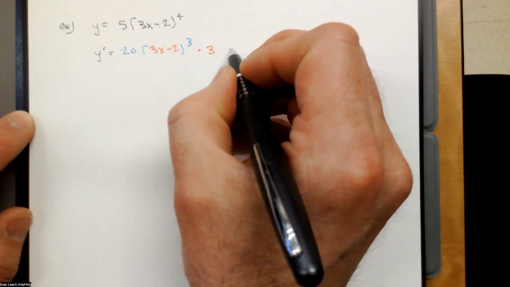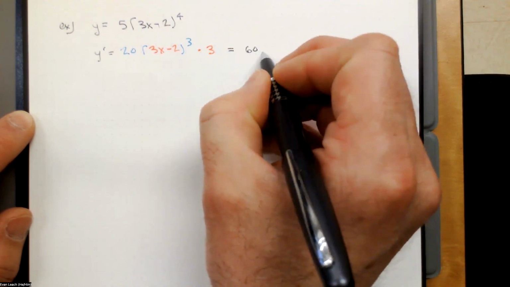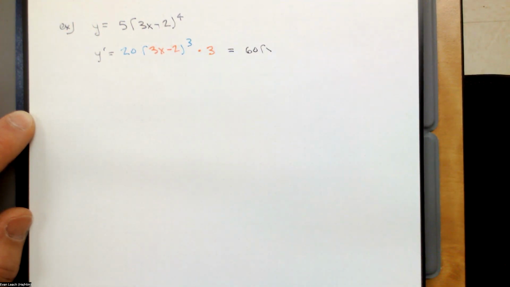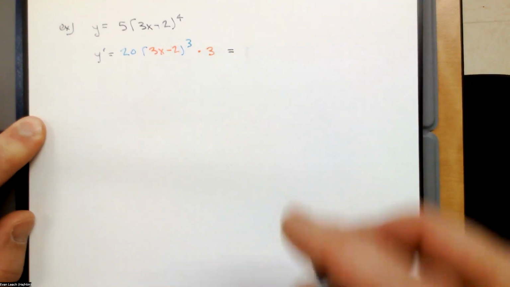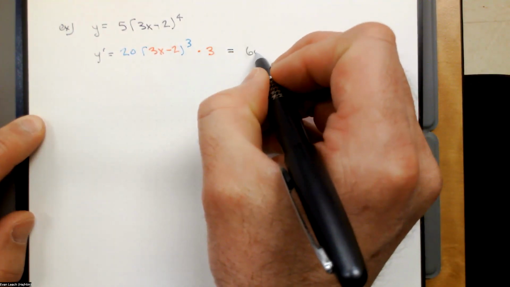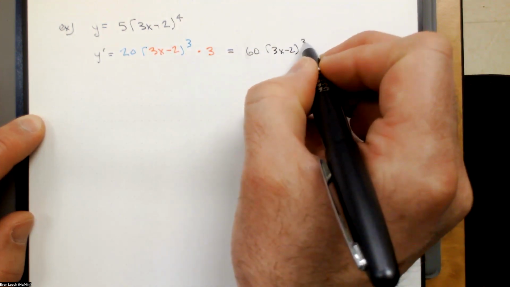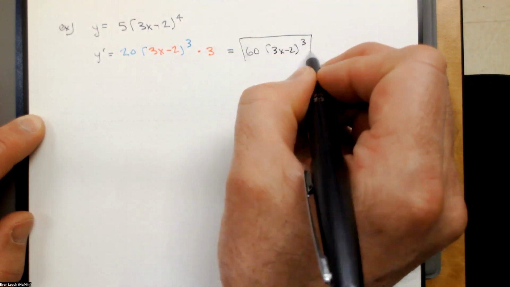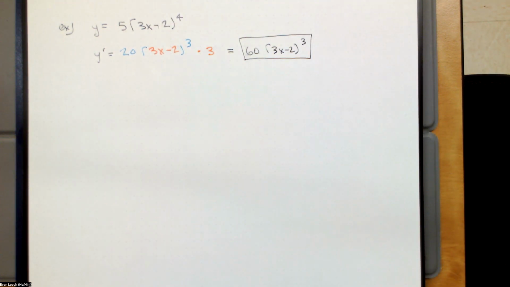This one we would probably clean up because there's a 20 and a 3. We would want to clean those constants up. Sixty times 3x minus 2 to the third.